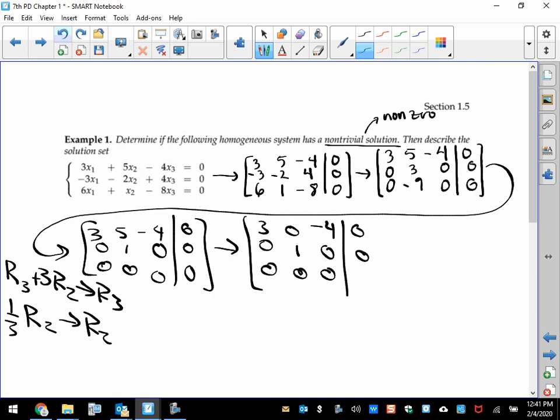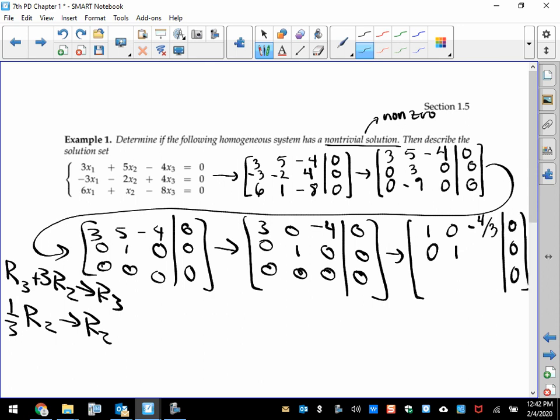All right, this is not RREF. We're almost to RREF. For reduced row echelon form, we want our pivots to be 1, so we're going to have to divide row 1 by 3. So there we go. So this is RREF.